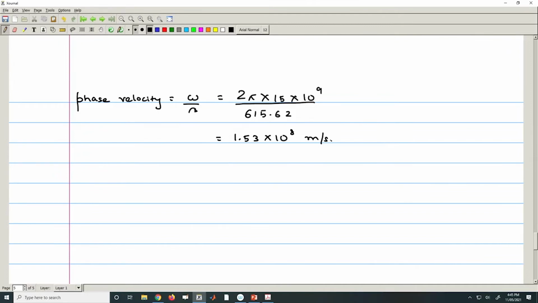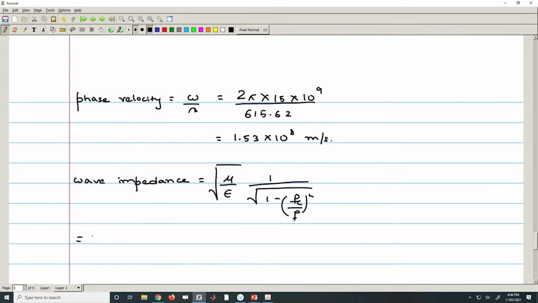Now, the wave impedance. Wave impedance is given as, substituting, we will get root of mu naught upon 4 epsilon naught, times 1 upon 1 minus Fc, which was 3 by 15 square, that gives us 192.4.